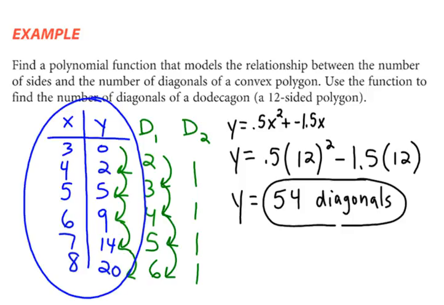If our first set of differences had resulted in a constant value, then it would have been a first degree polynomial, and we would have run linear regression on the calculator. If it took the third set of differences to give us a constant value, then it would have been a third degree polynomial, and we would have run cubic regression on the calculator.